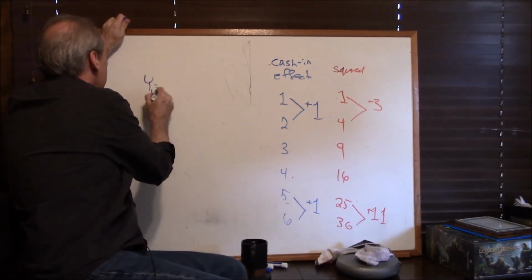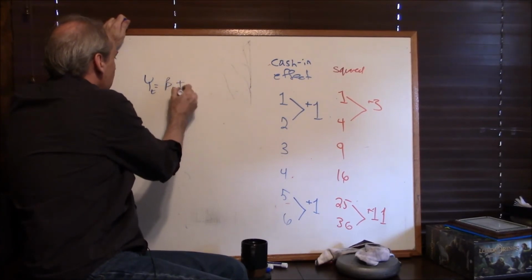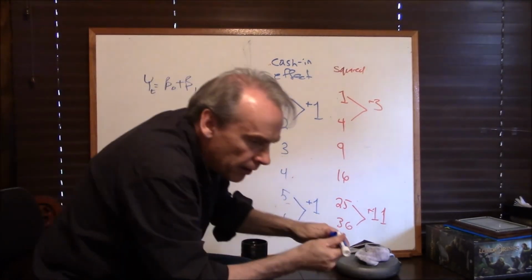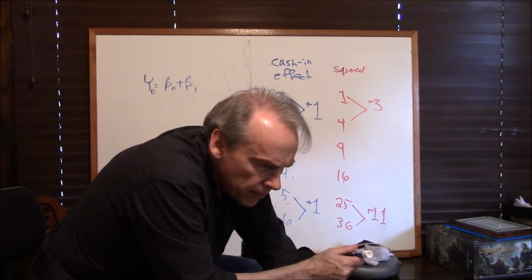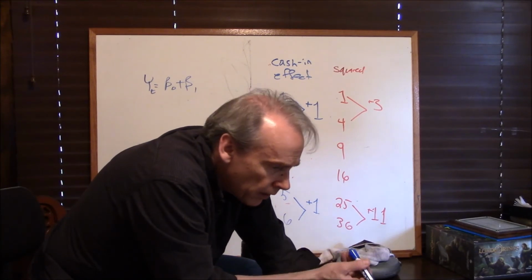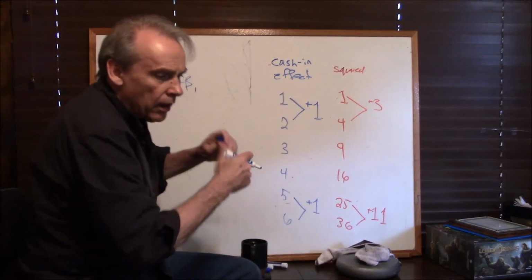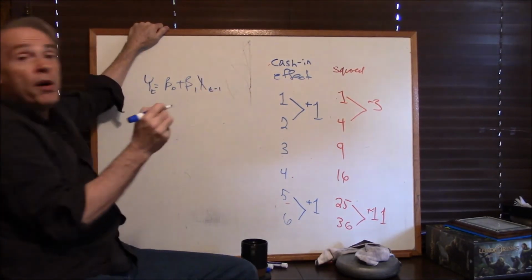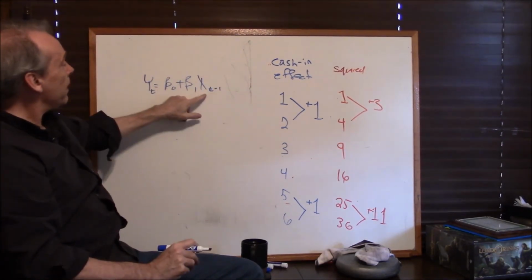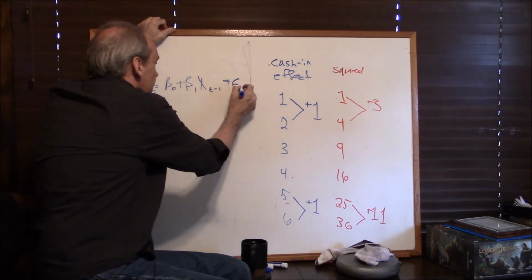Y sub t is equal to beta sub 0 plus beta sub 1 X sub t minus 1. It could be that the impact, let me finish this off.